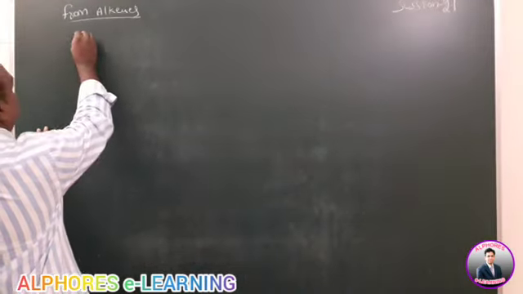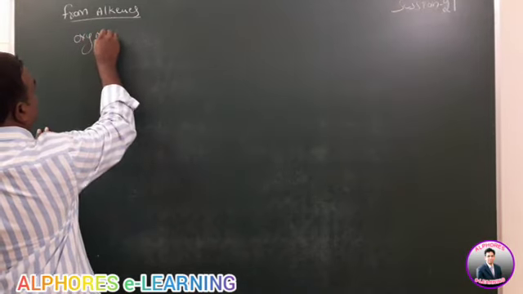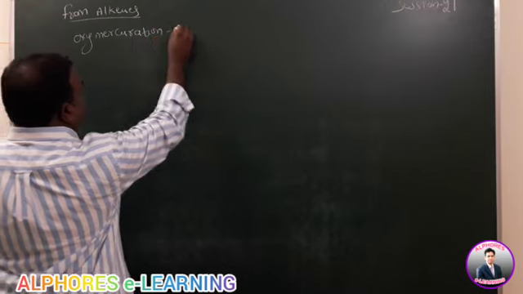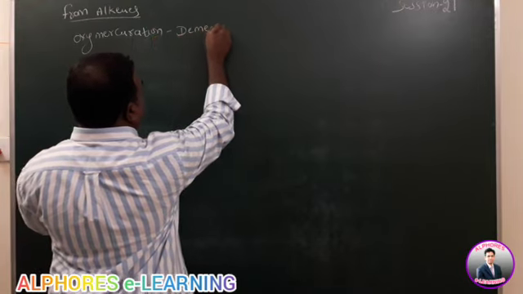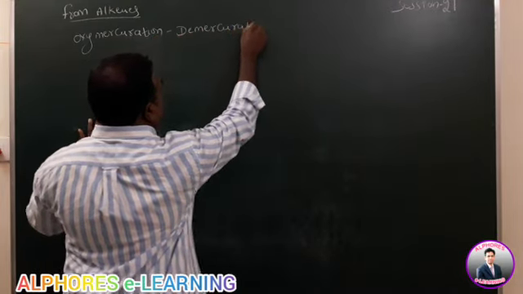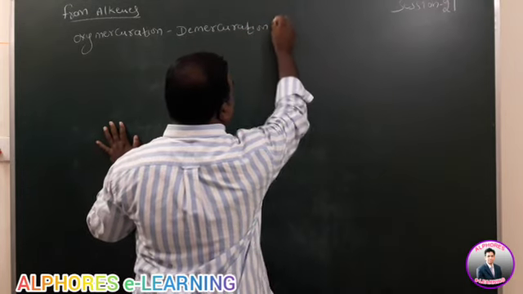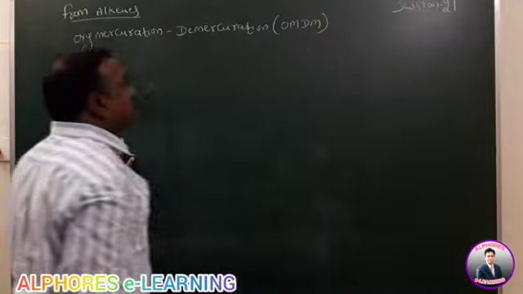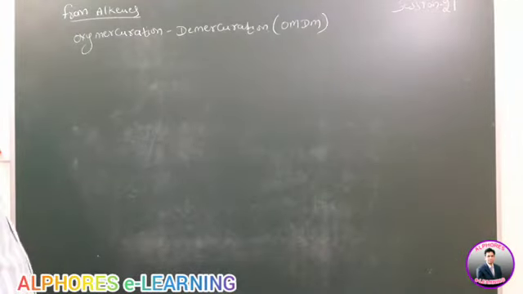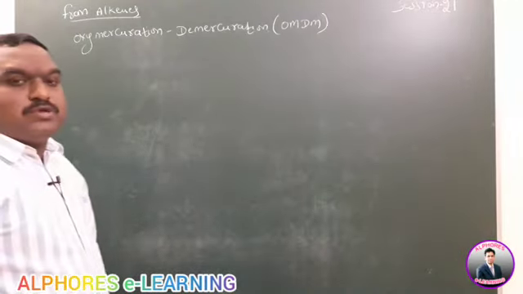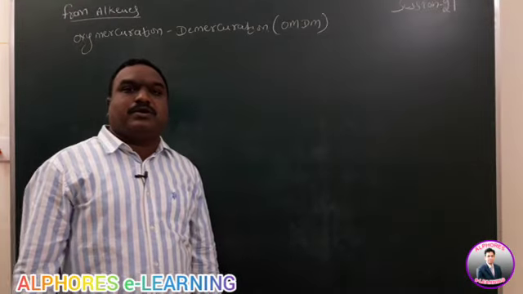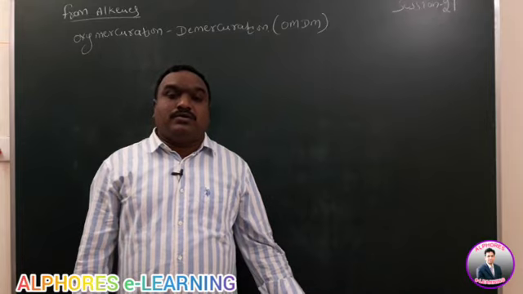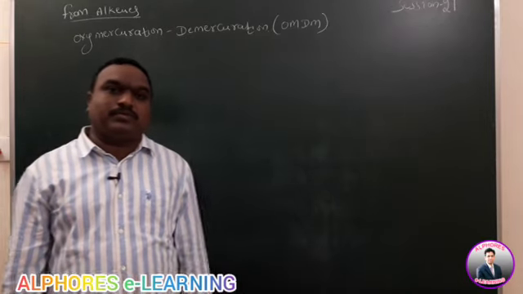Next one is oxymercuration and demercuration. An alkene compound reacts with mercuric acetate in the presence of tetrahydrofuran to form the alkyl mercury adduct.